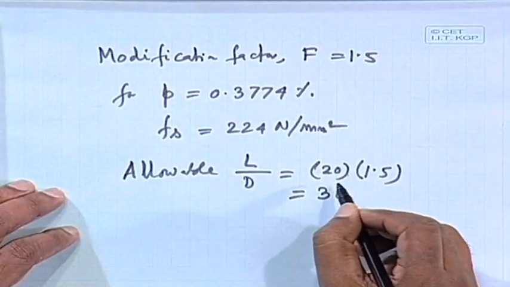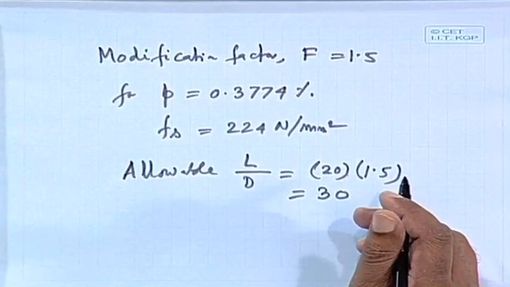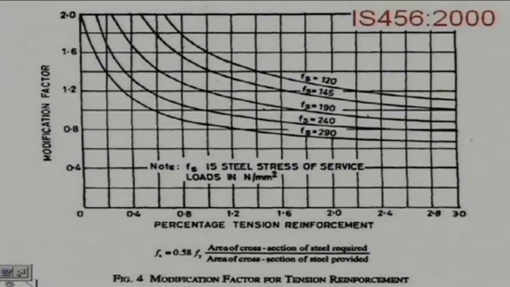So, we can take this as span by effective depth also, because for the beam, when we have used the basic value 20, the clause mentions it. So, I can just read it. That is in clause 23.2.1.